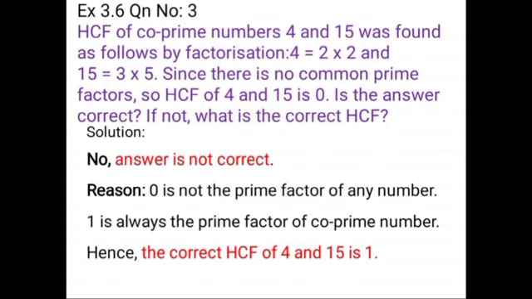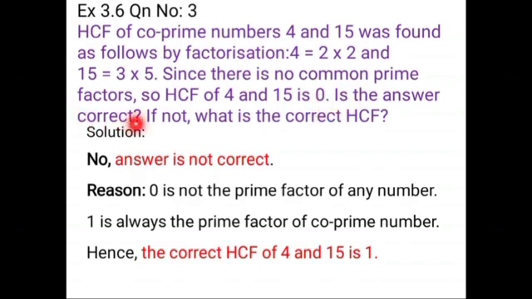Question number 3. HCF of coprime numbers 4 and 15 was found as follows by factorization. 4 equal to 2 multiplied by 2 and 15 equal to 3 multiplied by 5. Since there are no common prime factors, so HCF of 4 and 15 is 0.